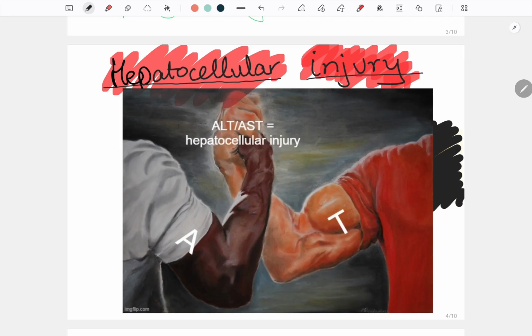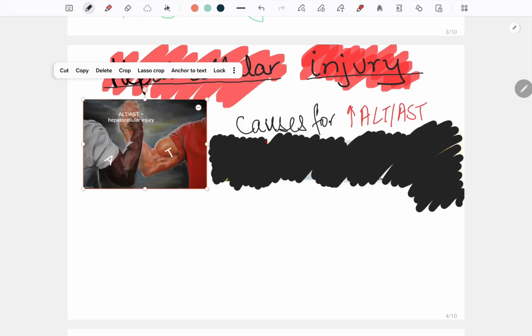And these two come together when the liver cells get affected. So now that we know this, what can cause it? And specifically, what's going to make ALT and AST rise to show a hepatocellular injury? What can cause the body to essentially lose liver cells?